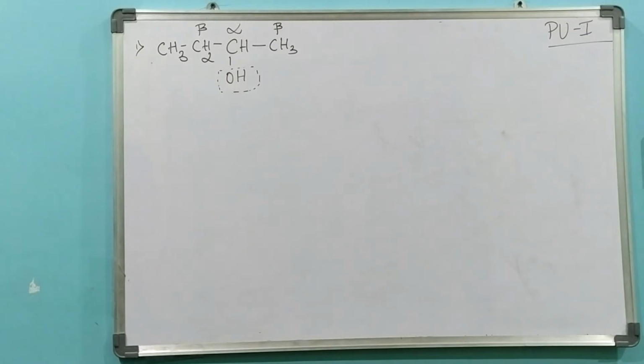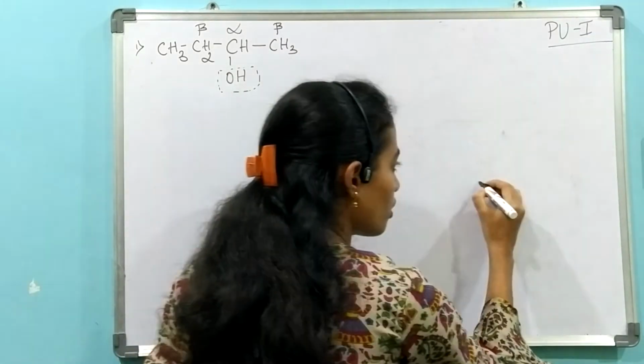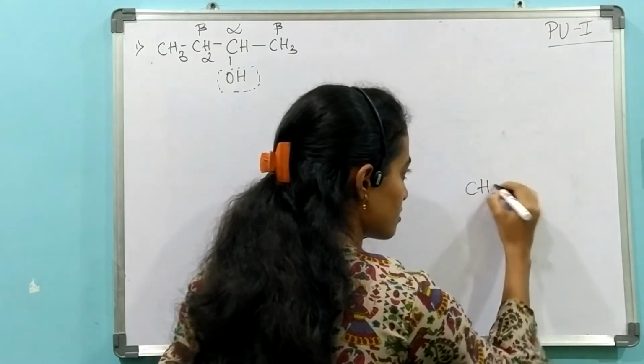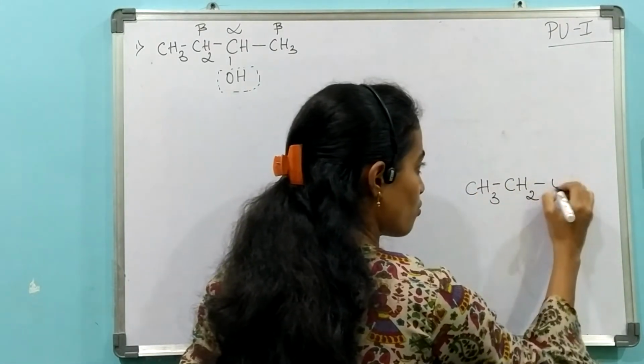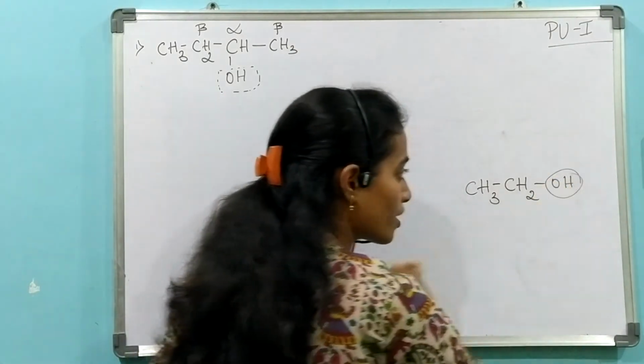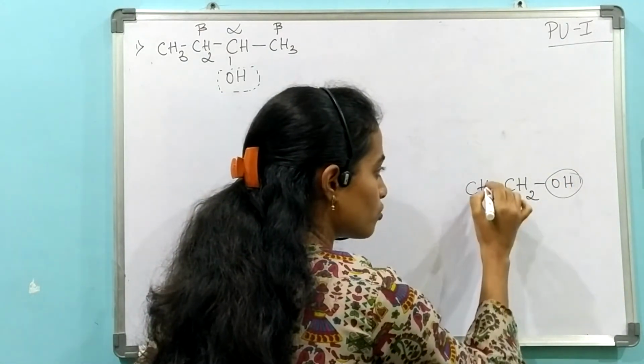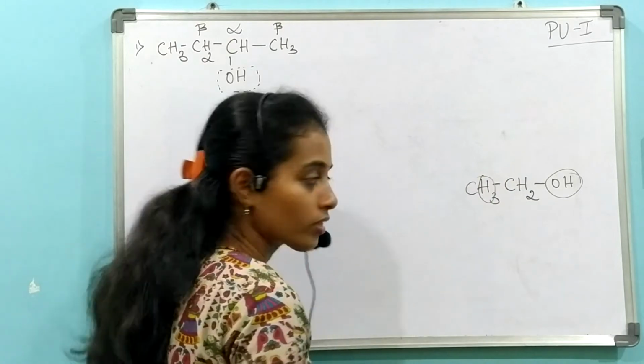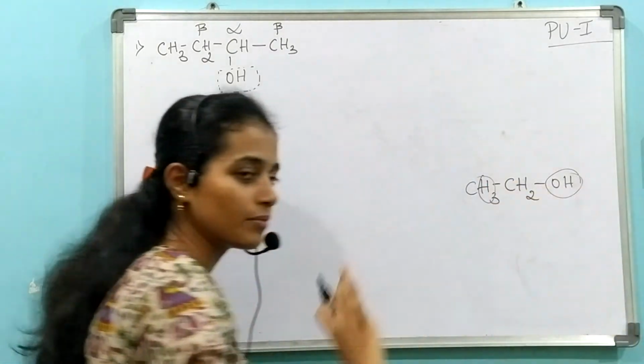Till now, whatever example I had taken, you didn't have any confusion, such as CH3, CH2OH. From this carbon you removed OH minus, from this carbon you removed one H plus. Therefore, H plus OH minus elimination took place.